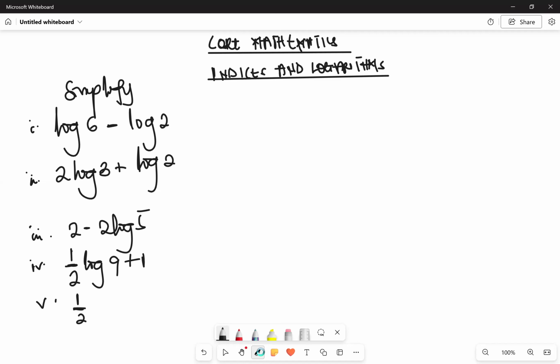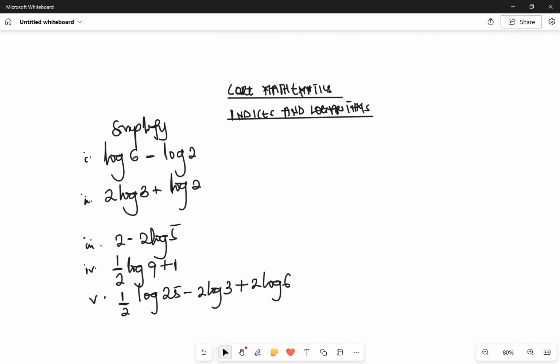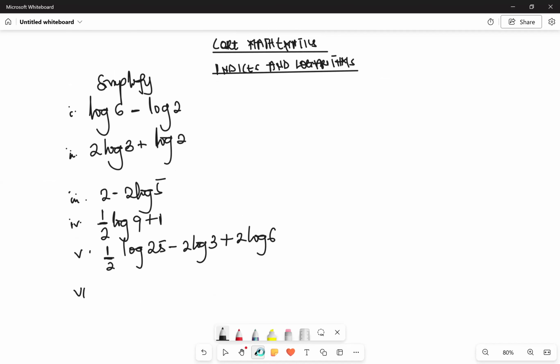Half log 25 minus 2 log 3 plus 2 log 6. Then log 9, log 9 on log 3.